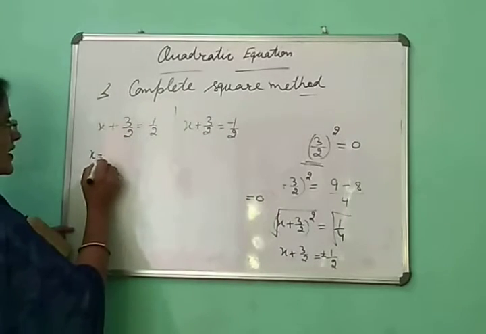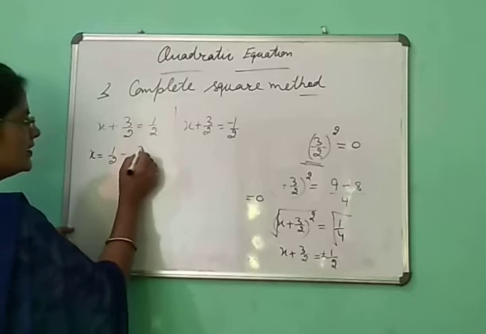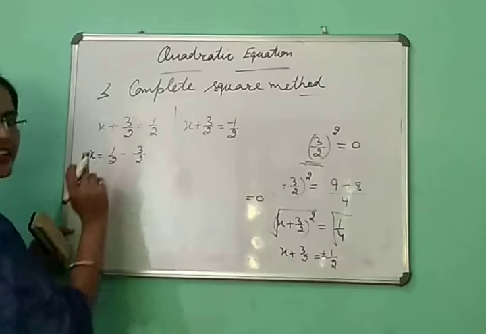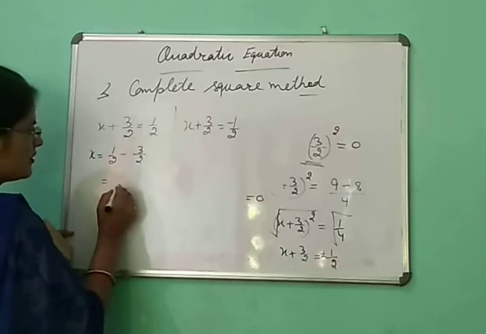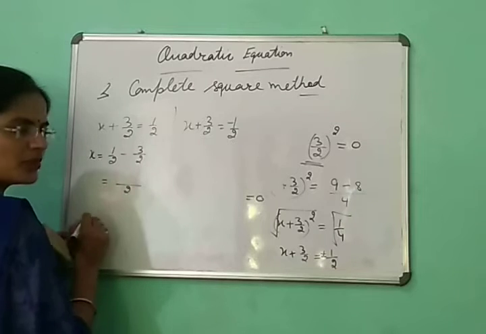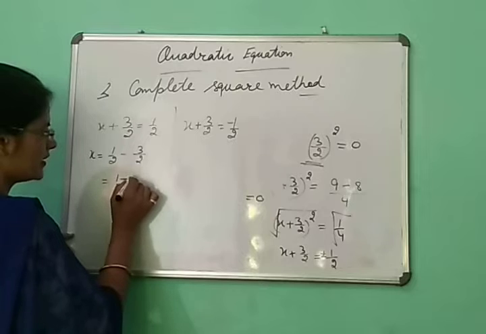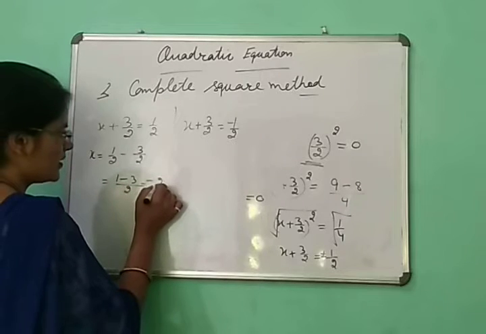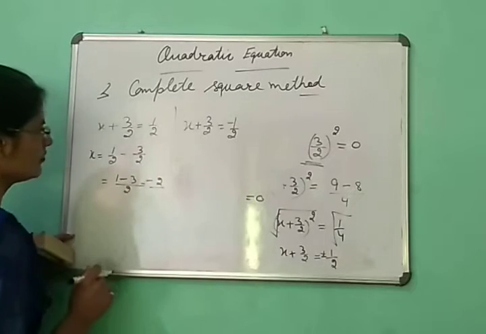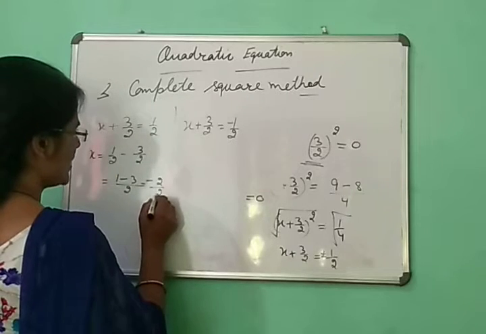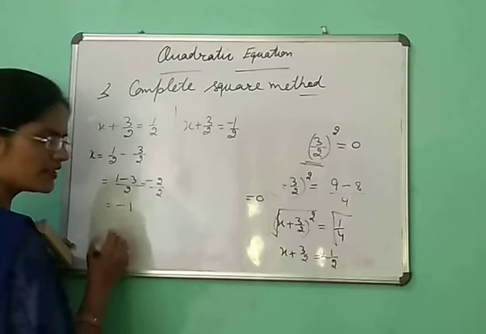Now take x here, change the side of 3/2, its sign also changes. So now when we divide, the LCM is simply 2. This one is minus 1 minus 3, which is minus 2. Minus 2 by 2, our answer is minus 1.